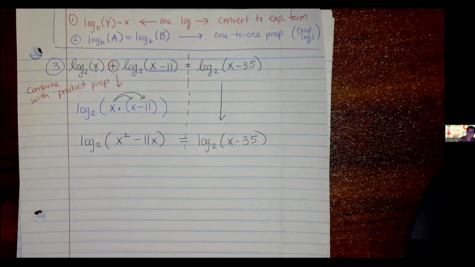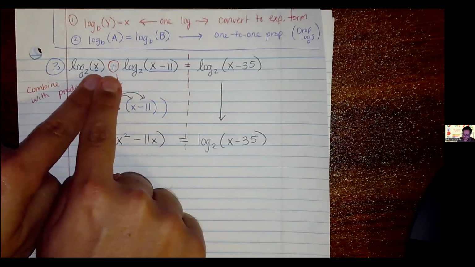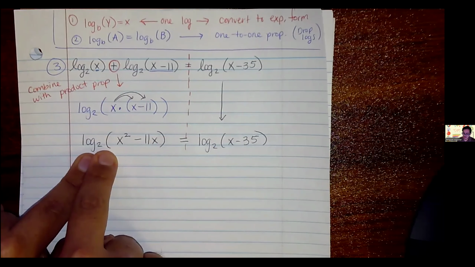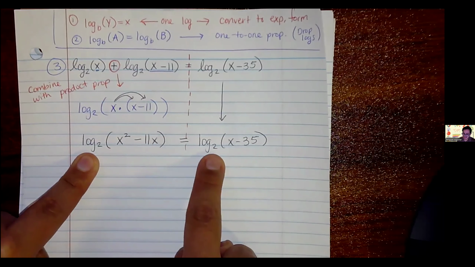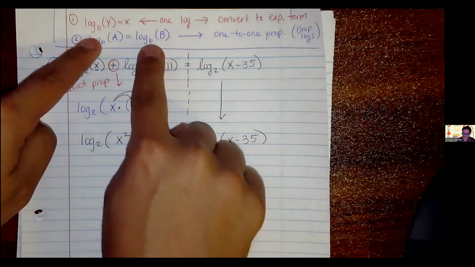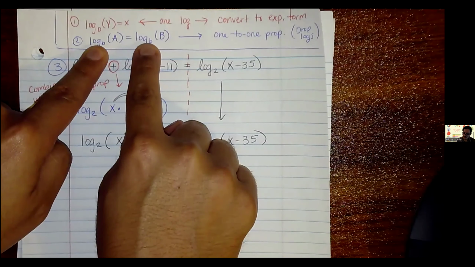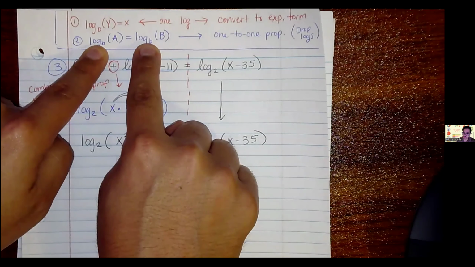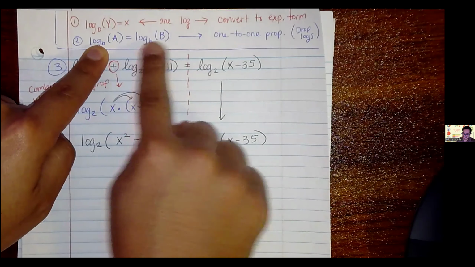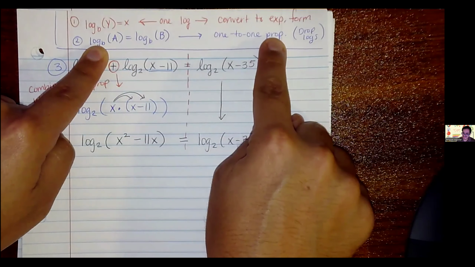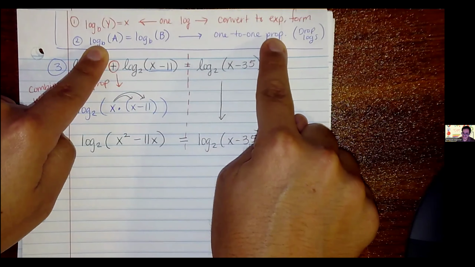Kind of feels like we haven't done much, but now that I've combined these two logs into one, how many logs do I have in this equation? 2. So that means if I have 2 logs in the equation, I can now drop the logs and use the one-to-one property. Does that make sense?